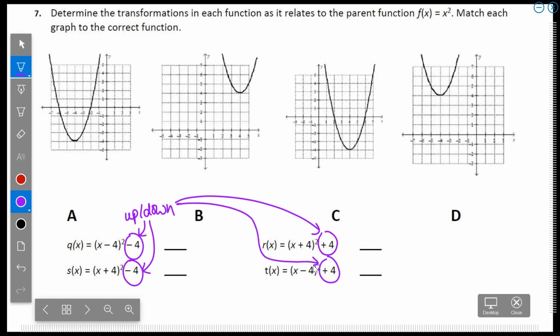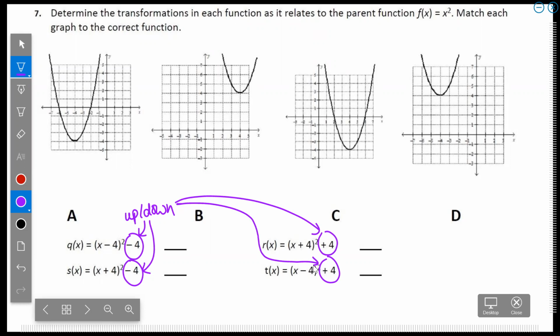So what are the ones that could possibly go with these 2 equations? Which graphs could potentially go with these 2 on the left, the ones with the -4s? A and C. And now I just need to decide which one goes with which.